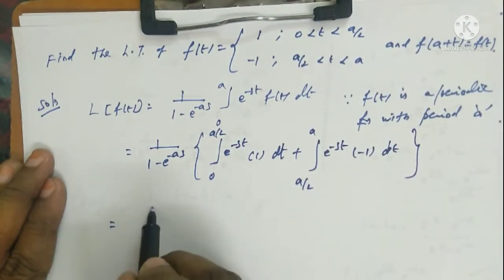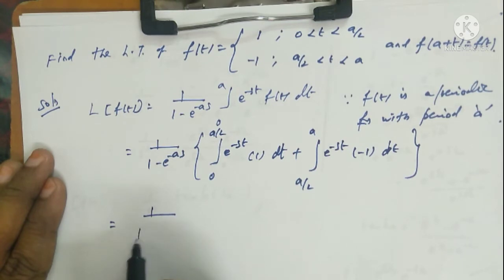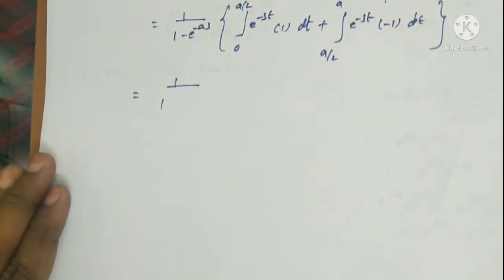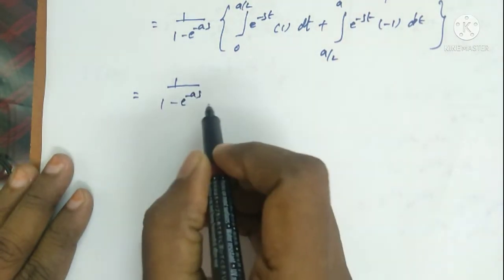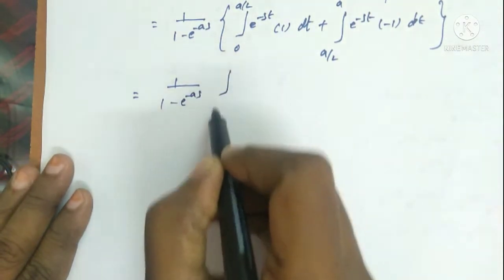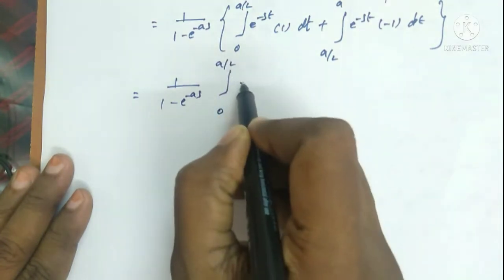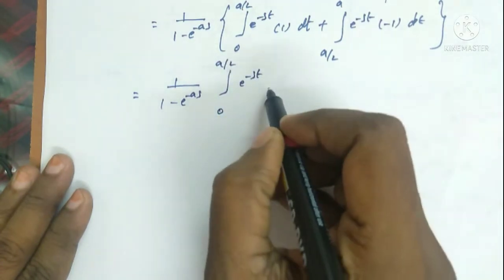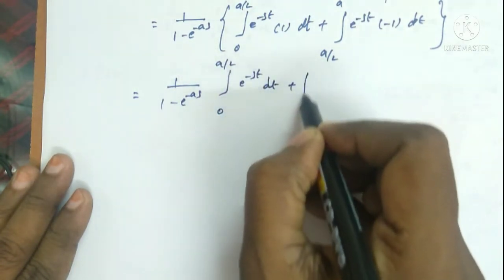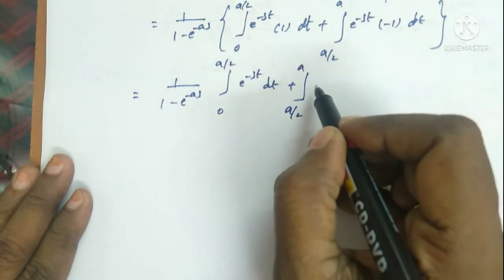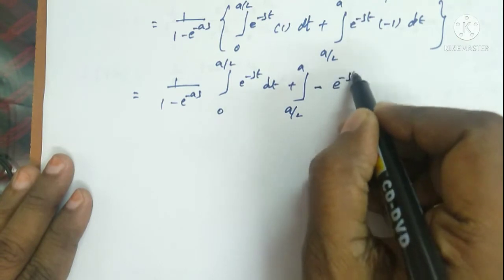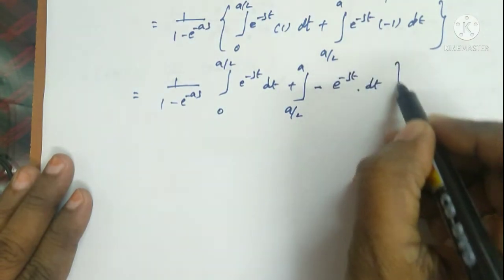So which is equal to 1 by 1 minus e power minus as, integral 0 to a by 2 e power minus st dt plus integral a by 2 to a, this is nothing but minus e power minus st into dt.